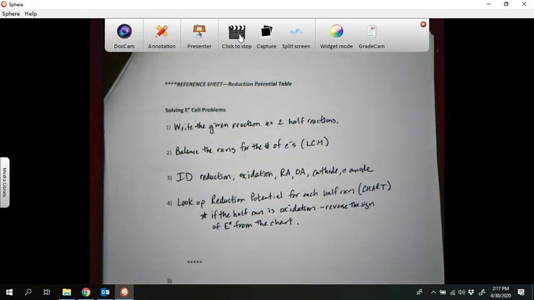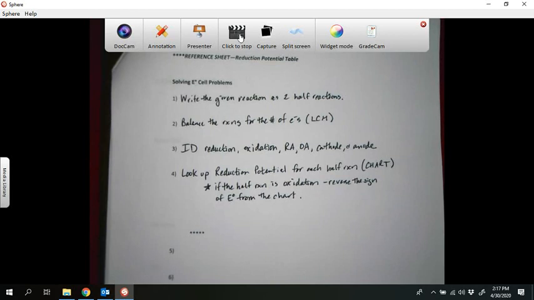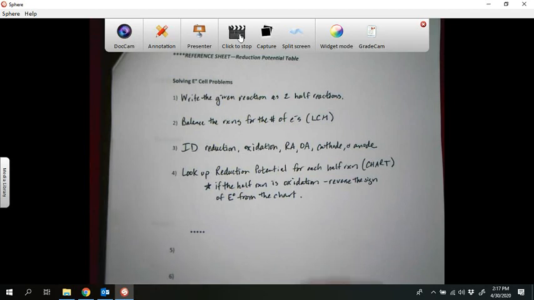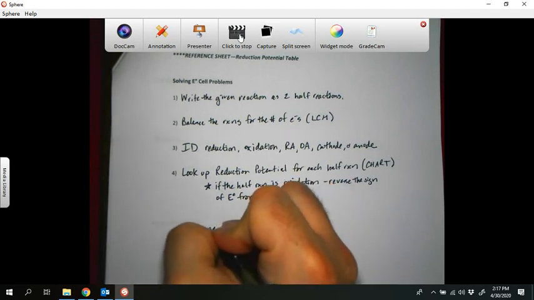The other thing, these reduction potentials are intensive properties. If you don't remember what that is, it doesn't matter how much there is of the substance, it's the same value. You could have 10 pounds of copper or silver, and you're going to get the same voltage out of it, no matter how much you have. So the moles of this does not matter. That's what this little note is here.